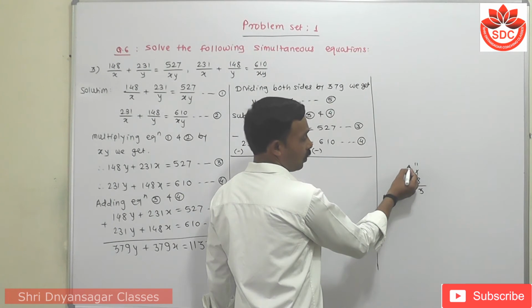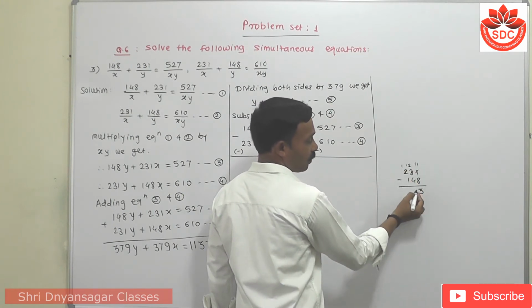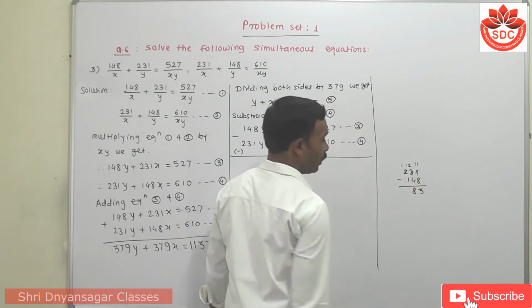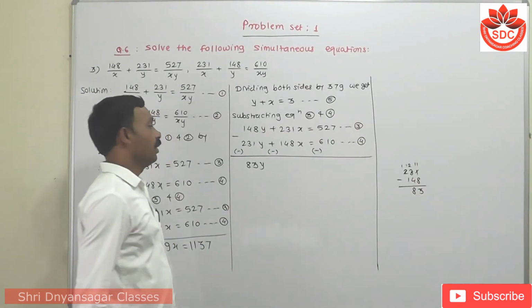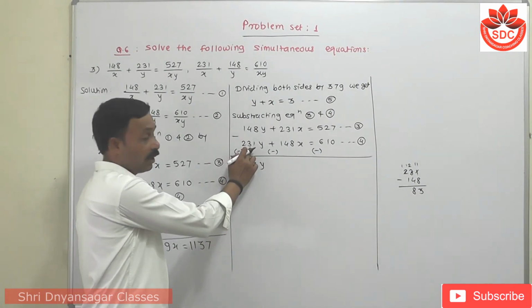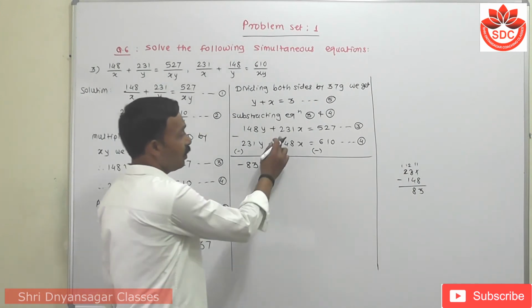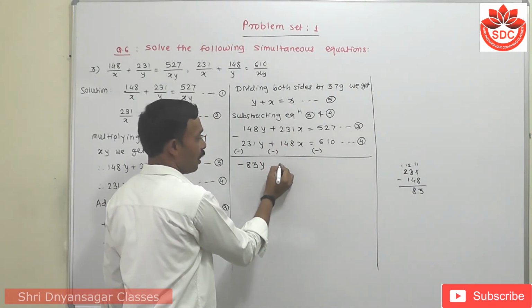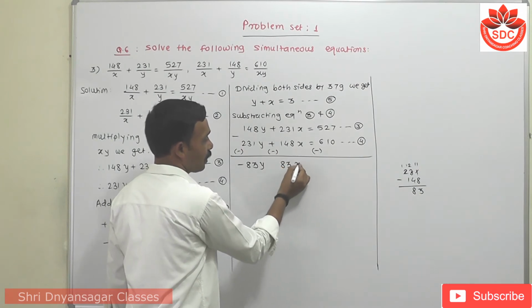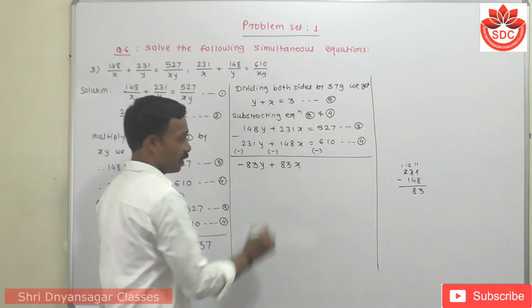Here is 2, which means here again we can take 1, so 12 minus 4 becomes 8. 1 minus 1 is 0, so 83y. But the bigger number is 231 and the sign is minus, so minus 83y. Then also 231 and 148 are the same, so the subtraction is also 83x. But here the bigger number is 231, so we give the sign plus.